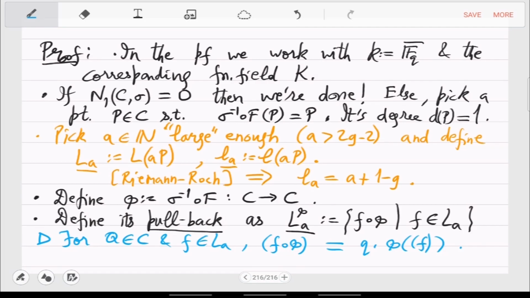So basically what's happening is the order of the point Q in f composed with phi is the same as the order of Q in essentially some other polynomial raised to Q, because the characteristic is P and Q is a P power.